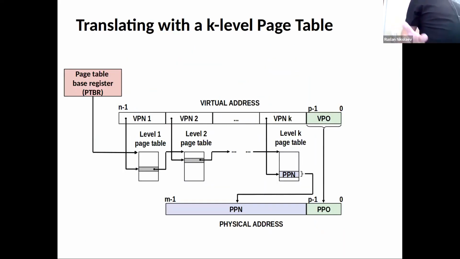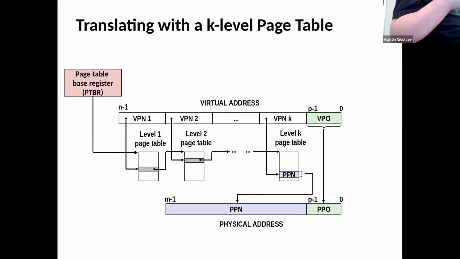The last thing I wanted to mention today: let's look at the virtual address one more time. We have the virtual page offset that's going to be directly transferred to the physical address. A virtual address can be split into different components once we have a multi-level page table.